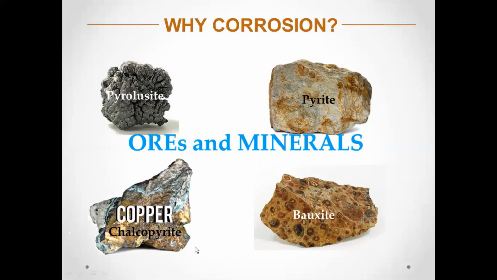So whenever I try to take the metal out of these ores, that metal will definitely go back to its stable state. And what is the stable state? Obviously the combined state.